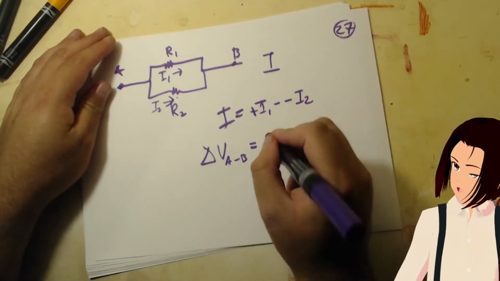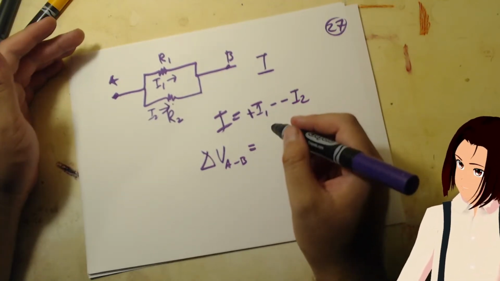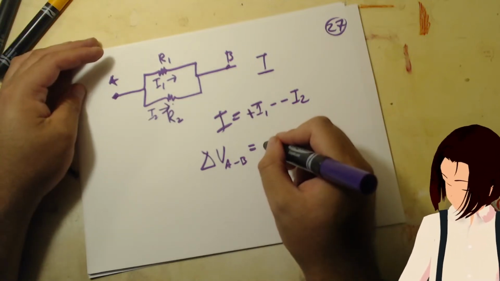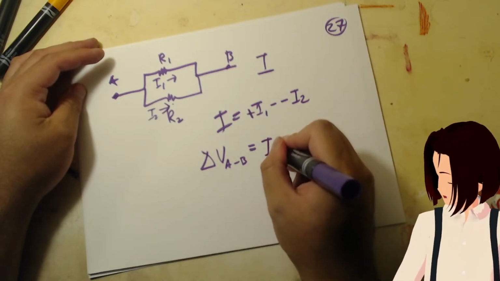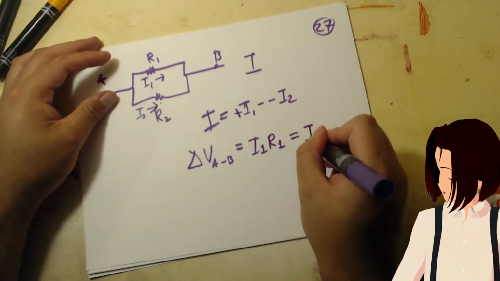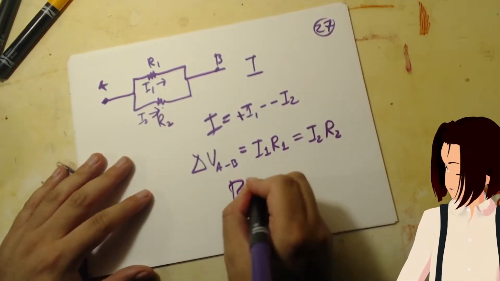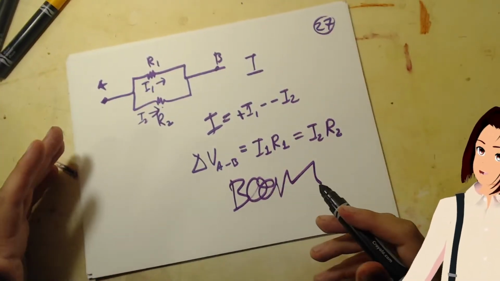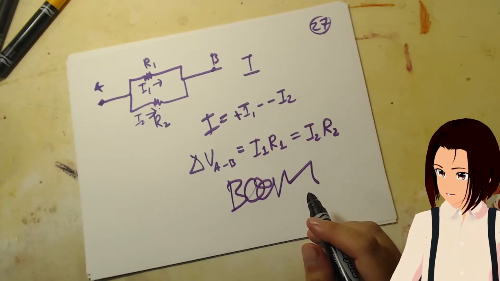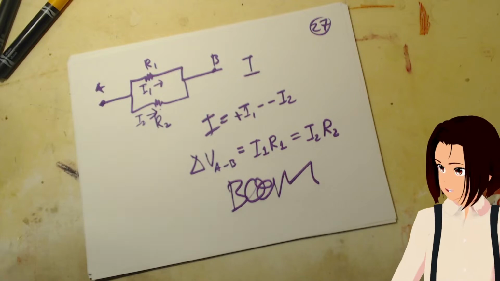Because if we know the potential difference across one of the resistors, then it's the same as across the other resistor. So it would be I1 times R1, and it's equal to I2 times R2. Boom. That is Ohm's law, and that's why Ohm's law is useful, even when it's not exact, it gives us an approximation of how to solve this problem.